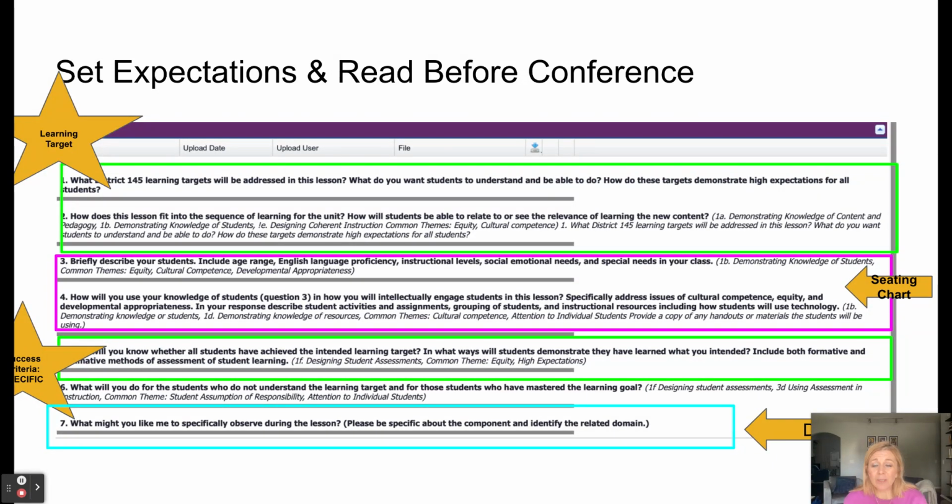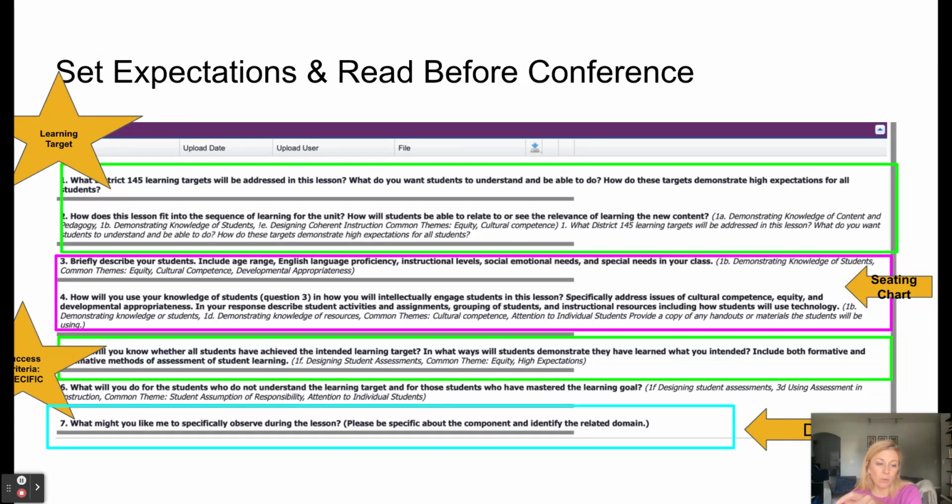So it is really important to go through what the expectations are in completing each of these questions. And so the questions that are outlined in green, they connect to the learning target, how that learning target fits into the overall unit of study. And one expectation I have is, I want to know, what is the state standard? What are the standards that are addressed in that unit, and how does this lesson connect?